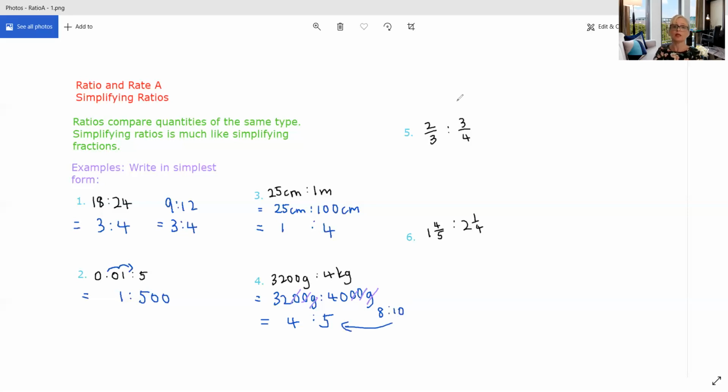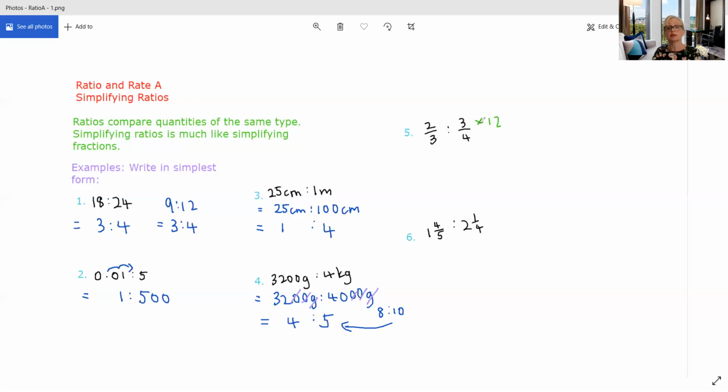When you have fractions, there are 2 main ways of doing it. You could multiply both sides by the lowest common multiple. I'll show you that way. So let's say we multiply, so 3 and 4, the smallest number that they will both divide into is 12.